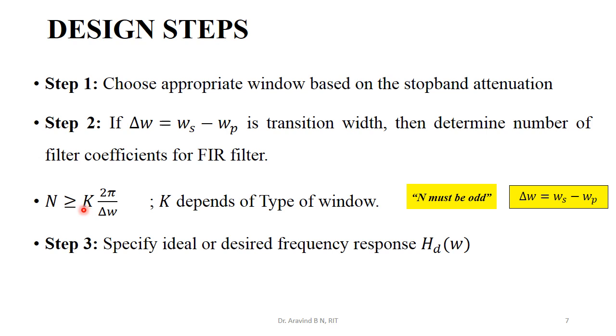Always remember that whatever value of N we get, we must round it off to an odd value. For example, if we get the order as 54, then we must take the next value, that is 55. That means N must be an odd value. Step 3, specify the ideal or desired frequency response HD of W.